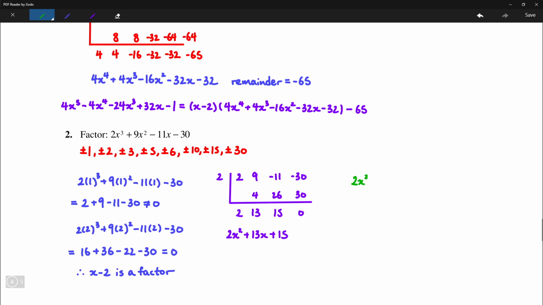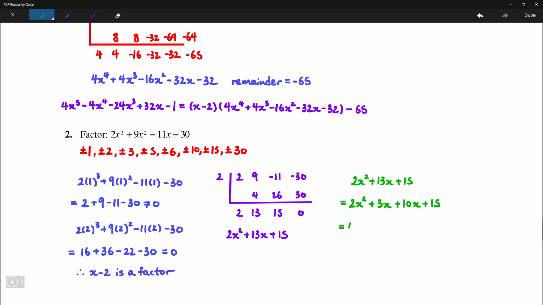So here we can factor in a number of different ways, one of which is factoring by grouping. So we're looking for two numbers that have a sum of 13 and a product of 2 times 15, which is 30. So this would be plus 3x plus 10x plus 15.